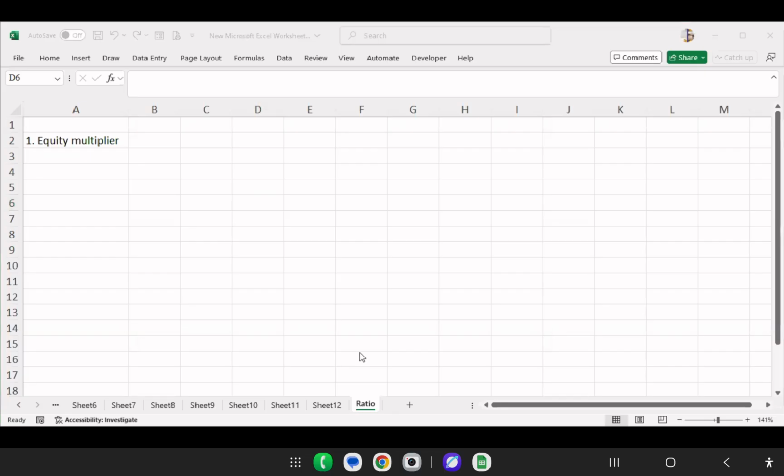The equity multiplier. I want to put the companies. We have 3 subsidiaries: Kivu, Ruhondo, and Ihema. So I'll say here is Kivu, Ruhondo, and Ihema.